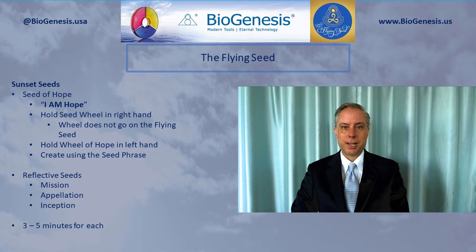After we finish that, we set aside the seed wheel. You'll want to sleep with that under your pillow at night, so that you have it with you throughout the night. But you can set it aside for right now. Put the wheel of hope back next to the flying seed. Then you will go through your I am seeds. However, it's with a twist. You will do your I am seeds, but you will do the reflective seeds for the inception, the appellation, and the mission seeds.